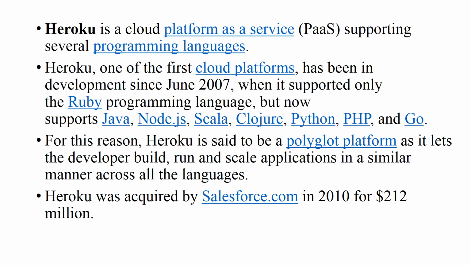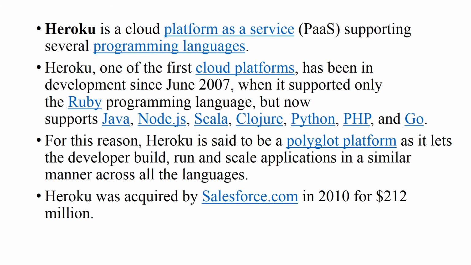Heroku is one of the first cloud platforms, developed since June 2007, when it only supported the Ruby programming language, but now Heroku supports Java, Node.js, Scala, Clojure, Python, PHP, and Go programming languages.